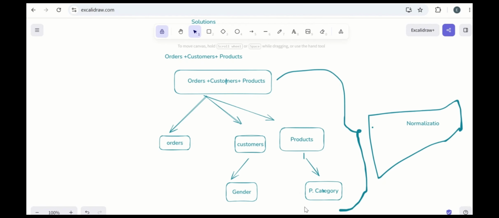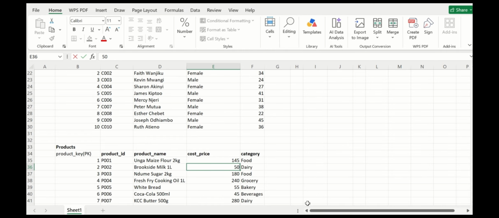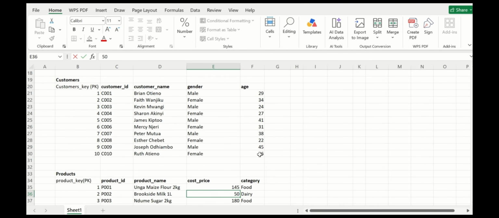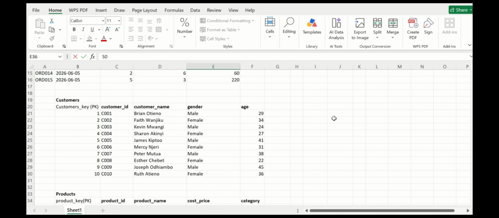As we've said, this process of breaking down a larger table into smaller tables is to reduce redundancy. So we can create a new smaller table, and let's call it gender, and gender is male and female.